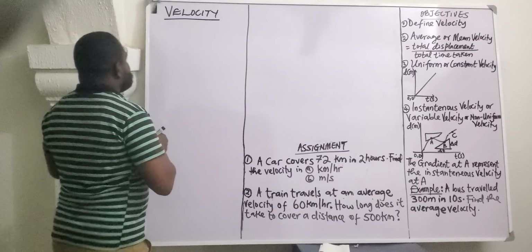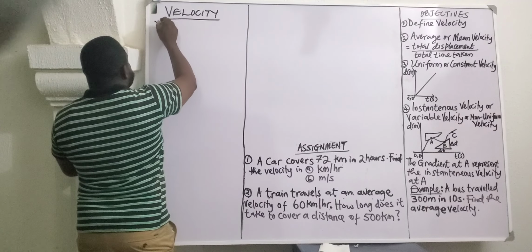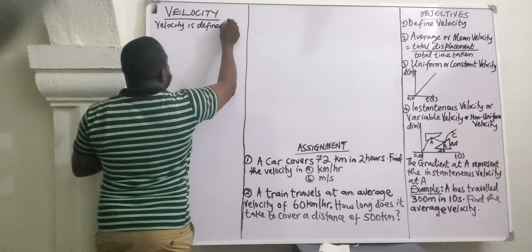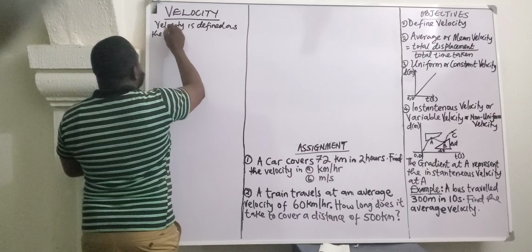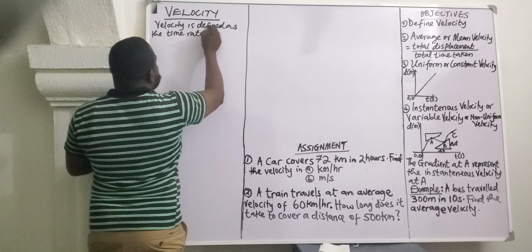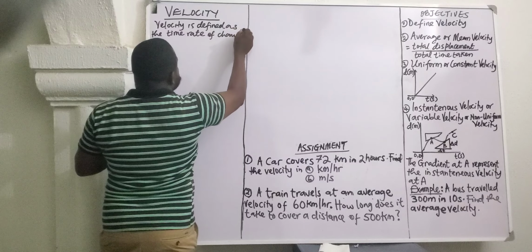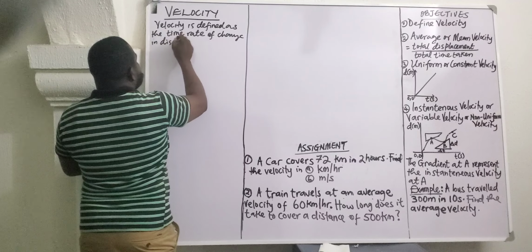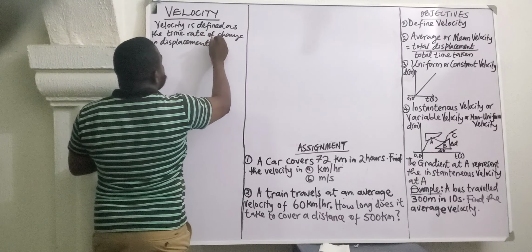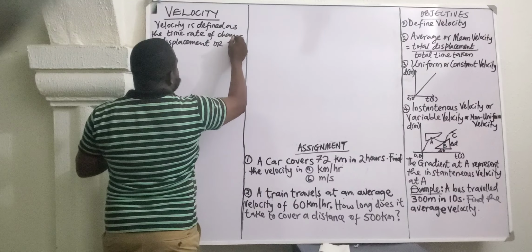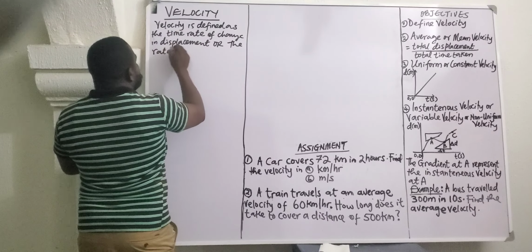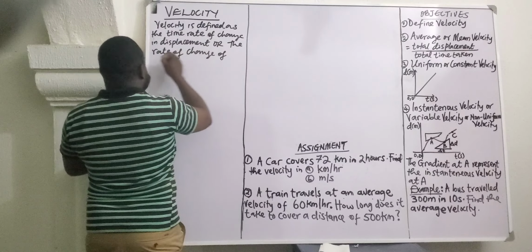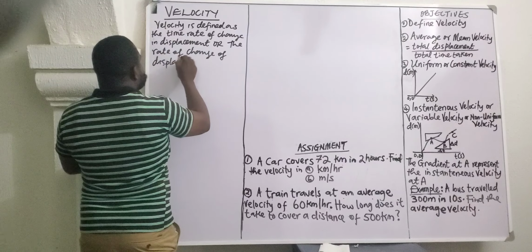Let's write on those. I said velocity is defined as the time rate of change in displacement, or we can say it is the rate of change of displacement with time.